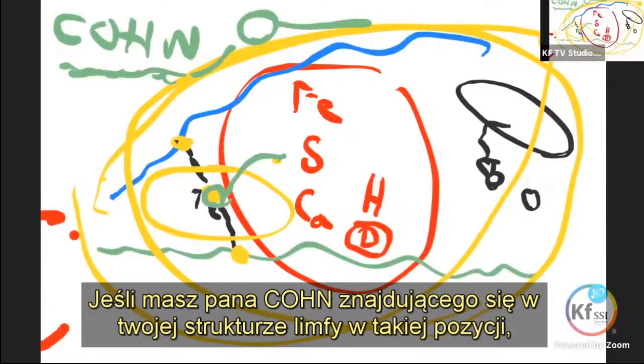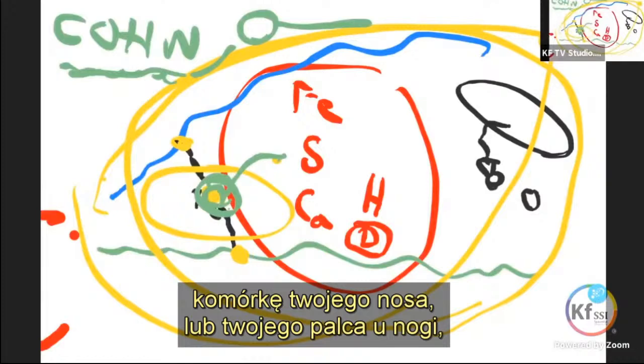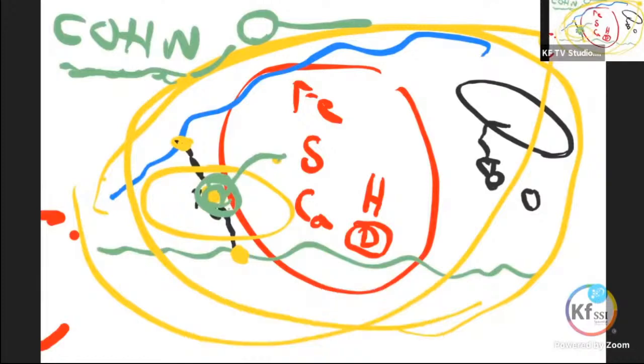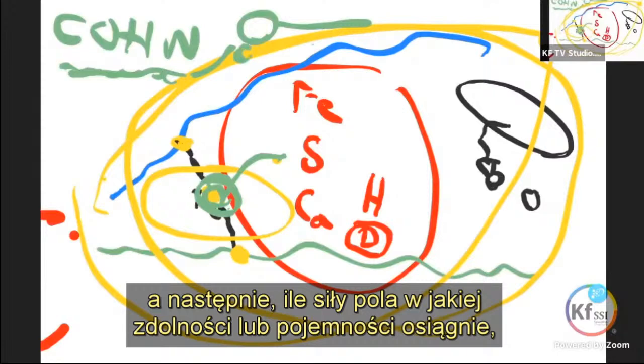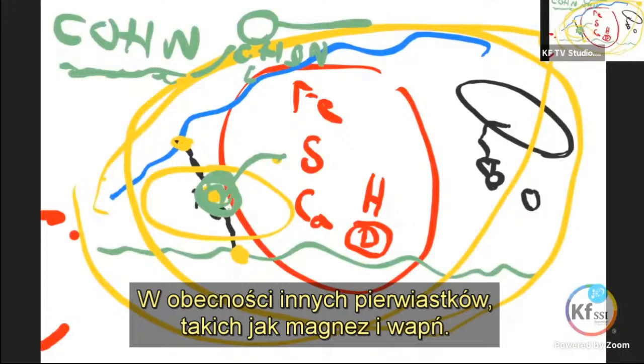If you have a Mr. Cohen sitting in your body, the structure of your lymph in such a position, and it needs to change to set off your nose or your toe, then how much field strength, in what capability or capacity has reached it, will dictate its structure in the presence of other elements like magnesium and calcium.